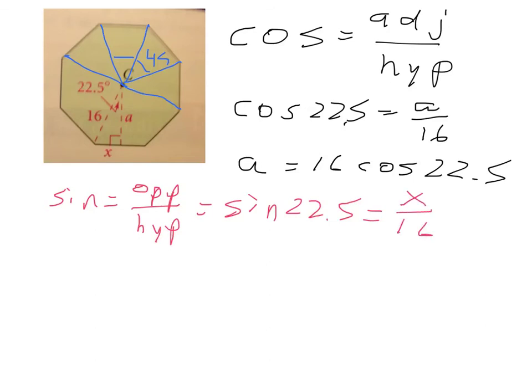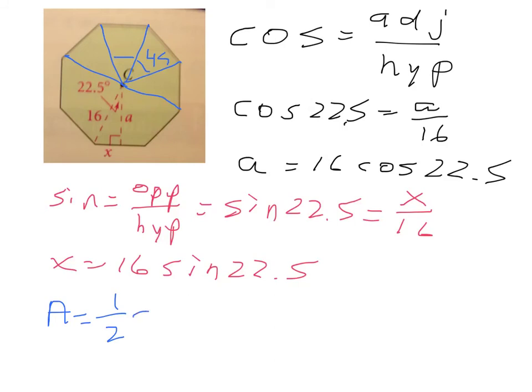So x is going to equal 16 times the sine of 22.5. Now, like I said earlier, you're going to have to multiply x by 16 to get the perimeter.